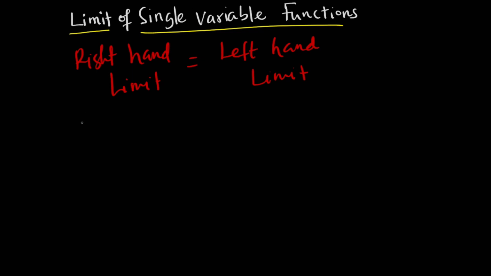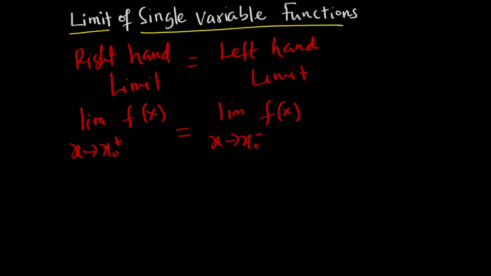Essentially, we are saying that the limit of f of x as x approaches x naught from the right side should be equal to the limit of f of x as x approaches x naught from the left side, and then this value becomes the limit of the function f of x.